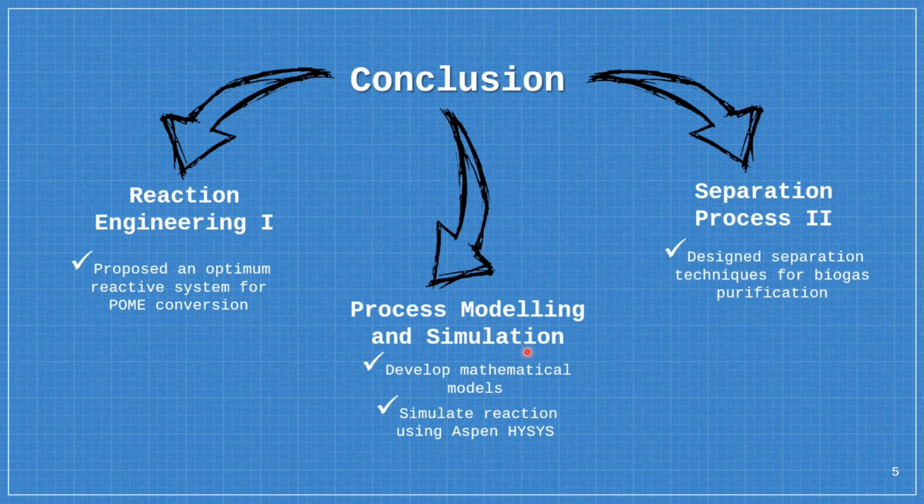Justifications were also made accordingly. Finally, for Separation Process 2, we have designed a purification system consisting of three separation techniques, which are absorption to remove H2S, adsorption to remove water vapor, and finally membrane separation to remove carbon dioxide to finally achieve the desired component, which is pure biomethane.